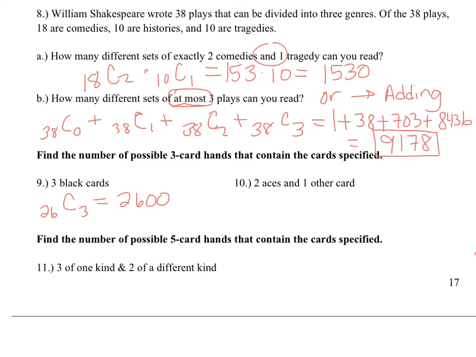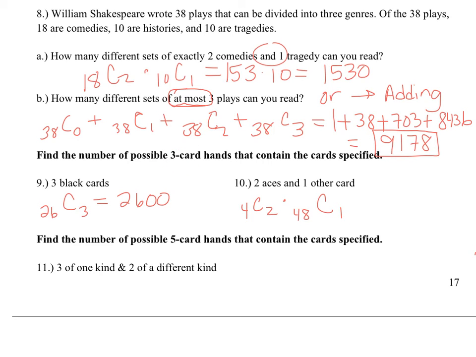Number 10 says 2 aces and 1 other card. Well, there's 4 total aces and we want to choose 2 of them. And tells us to multiply. 1 other card means anything other than an ace. So if we think about the total deck, there's 52 cards, but we have to take out the 4 aces because we want something other than an ace. So that means we're down to 48 cards, and we're going to choose 1 of those remaining 48 cards, so that we're selecting a total of 3 cards.